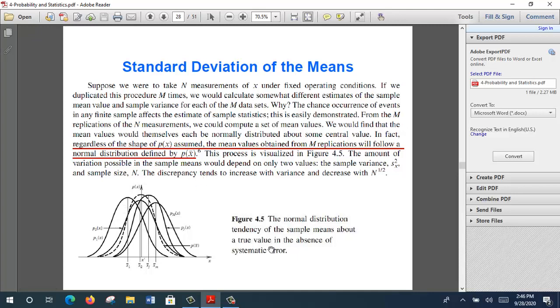Okay, and then the normal distribution of the sample means about the true value, in the absence of systematic error. But the most important thing is that this depends on only two values. You need to remember these terms: the variance and the sample size when taking the data results.